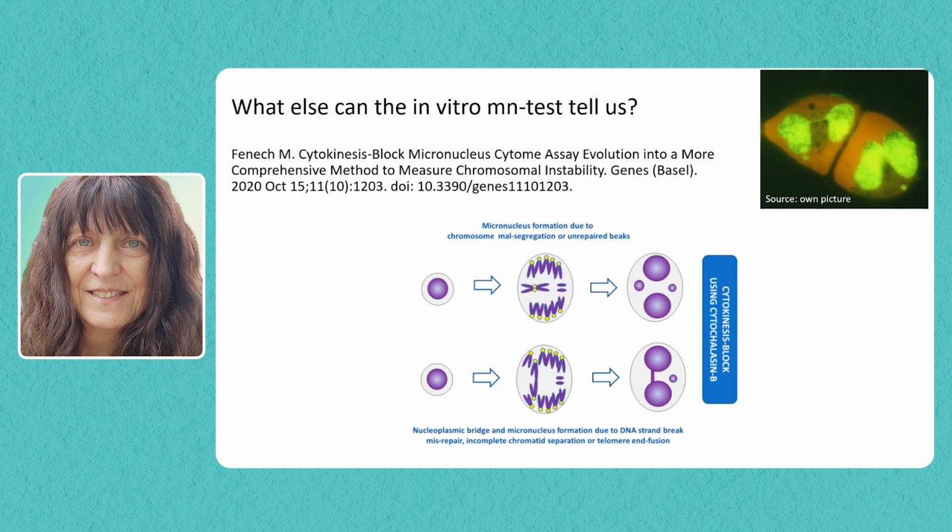So some mechanisms can cause problems with chromosome separation, chromatid separation in mitosis, and then you see this little bridge here. This is an actual microscopical picture, what it looks like. This is the scheme down here. It can be in addition to a micronucleus or without one, and it can give you an additional hint about the mechanism of action of the compound.